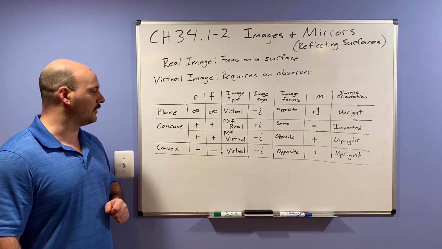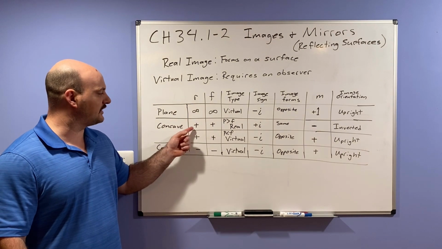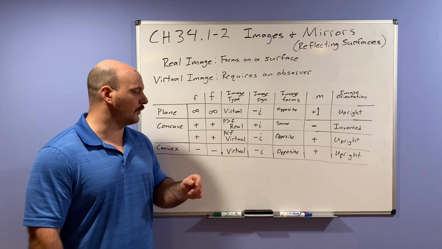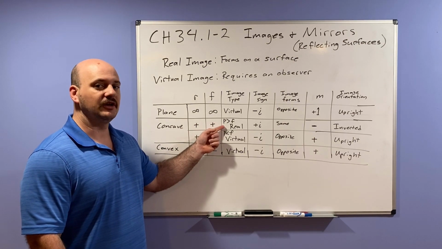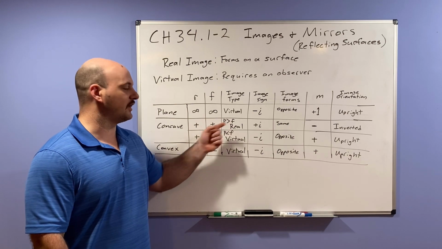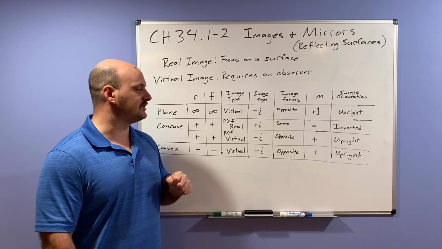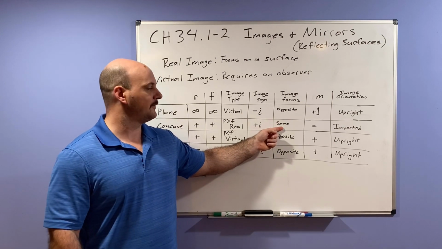For concave mirrors, they have a positive radius of curvature and a positive focal length. However, they can form real or virtual images depending on where the object is. If the object distance is greater than the focal length, it'll form a real image, which has a positive image distance, and it'll form on the same side as the object.